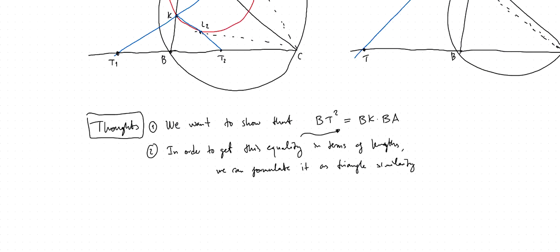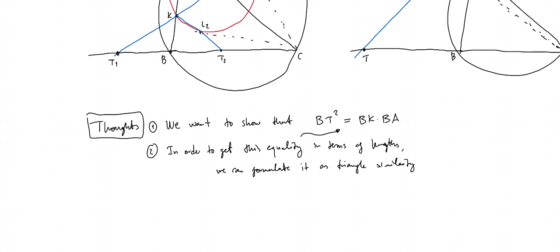Okay, this is the way to convert angles to lengths. Because when you have two triangles with the same angles, you have the ratios of the lengths equal. And from this, you can obtain something about lengths. Or if you have information about lengths, you can obtain similarity and you can get information about angles. Or conversely, if you have information about angles, you can convert it to information about lengths.